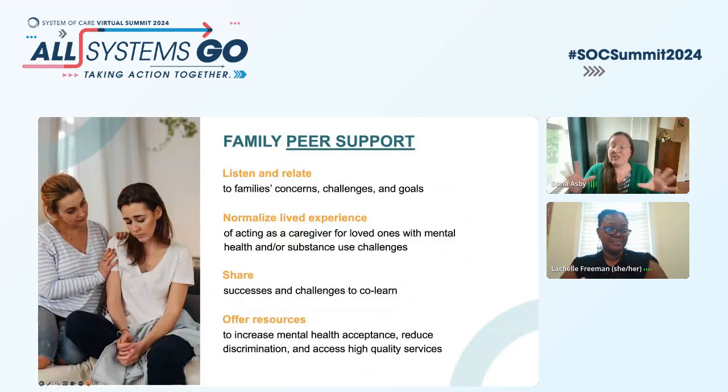So the foundation of family peer support is that peer support. One of the most important things that family peers can do is to listen to the family's concerns, to their challenges, to the goals that they have, and talk about how what they hear in that family story connects to their own experiences and share a little hope.